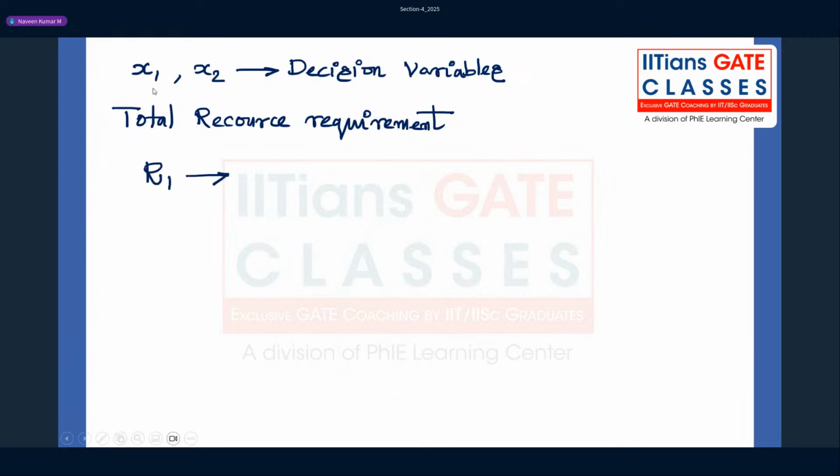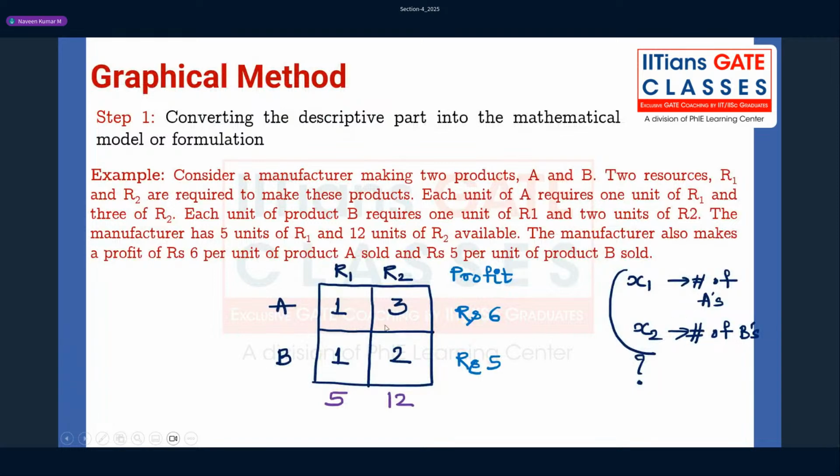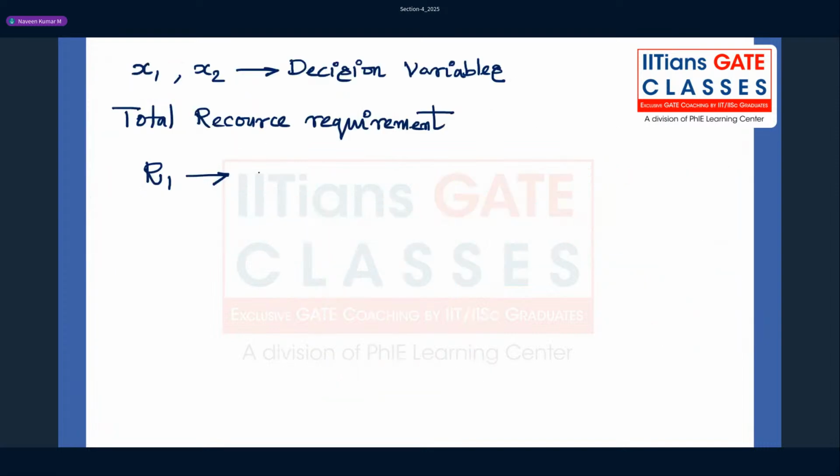You're making X1 A's and X2 B's. So I can write X1 into 1 plus X2 into 1 as your total resources required, isn't it? So for R1, it is X1 into 1 plus, for the X2 products you're making for B, X2 into 1 is the number of resources required for making B.